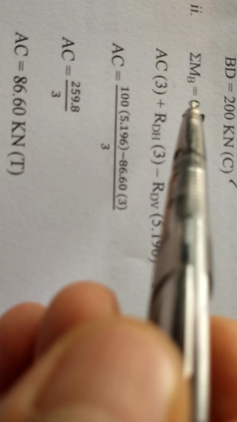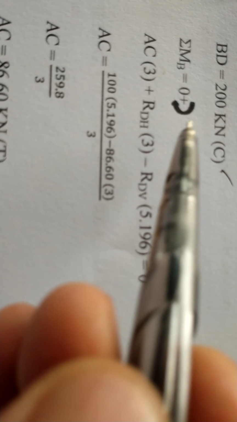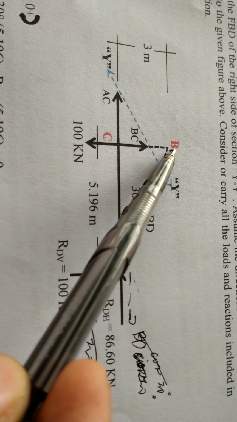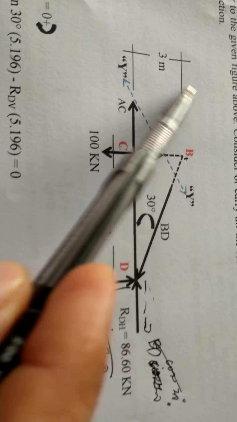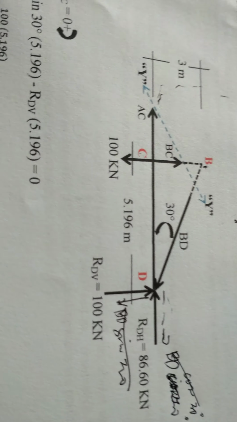So we have moments at B equal to 0, positive clockwise. We have AC times 3, because that is the moment arm. It is clockwise positive, because of the action it has here.